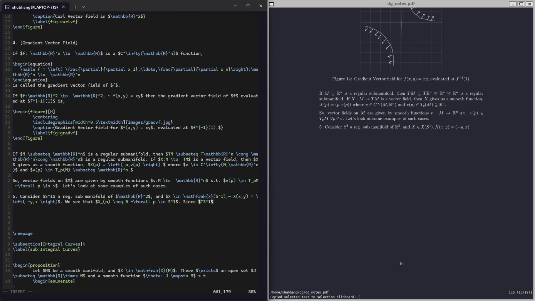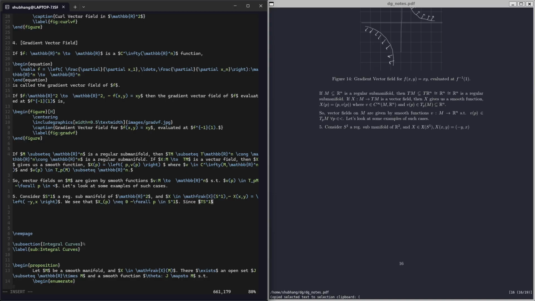So yeah, we see that the vector field on S1 given by minus y comma x doesn't vanish anywhere. The tangent space is actually one dimensional. The fibers are one dimensional vector spaces TpS1 for all p.